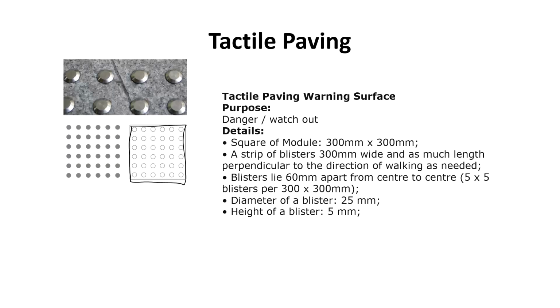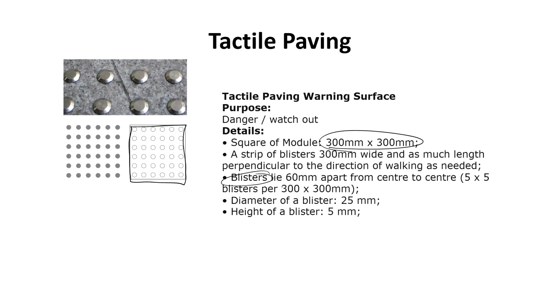Various companies deliver different kinds of tactile pavings, be it a tile or blisters or separate strips and studs. These are square modules of 300 by 300, and these are common with the strips as well as the blisters.